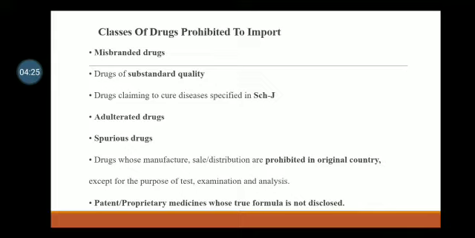At that time those drugs are also prohibited from the import except for the purpose of test, examination and analysis. Unless and until the examination or analysis or test of that drug is taken, it is not imported in India. Then patent or proprietary medicines whose true formula is not disclosed.